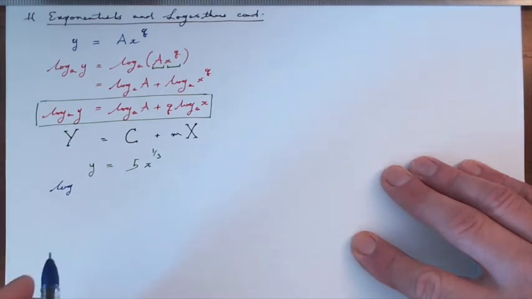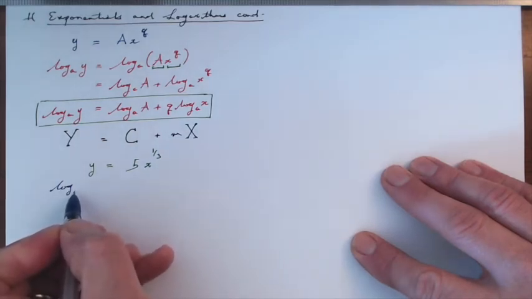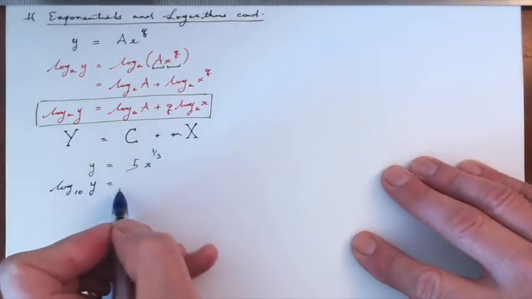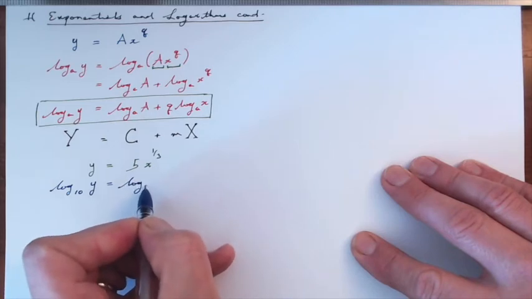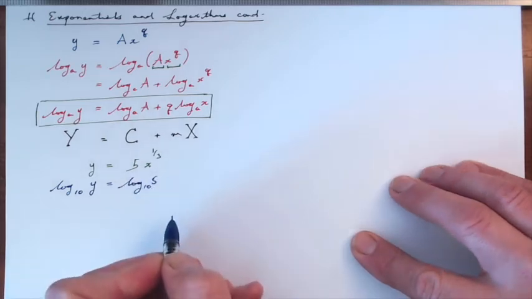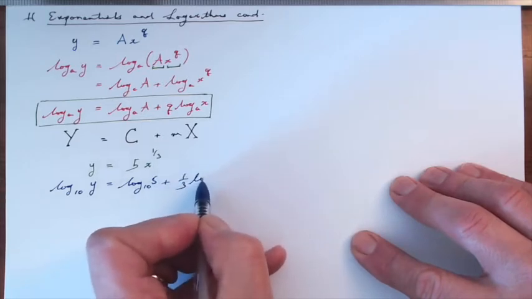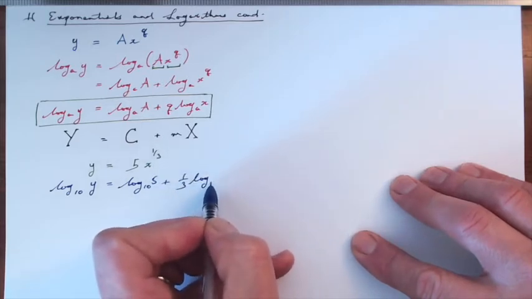So let me just choose base 10, just because that's a very common base. And just following that procedure, I would get log to the base 10 of 5, plus 1/3 log to the base 10 of x.